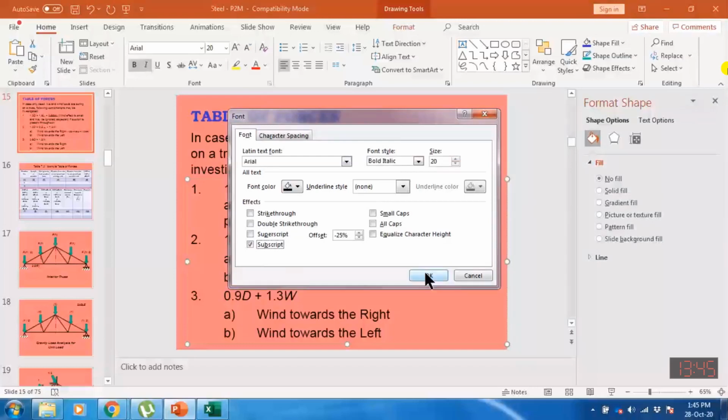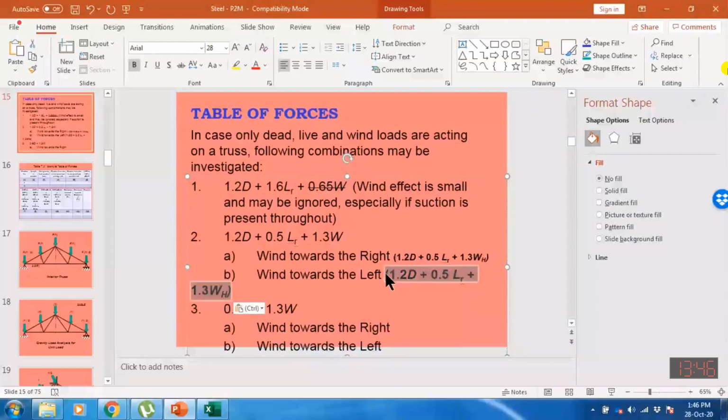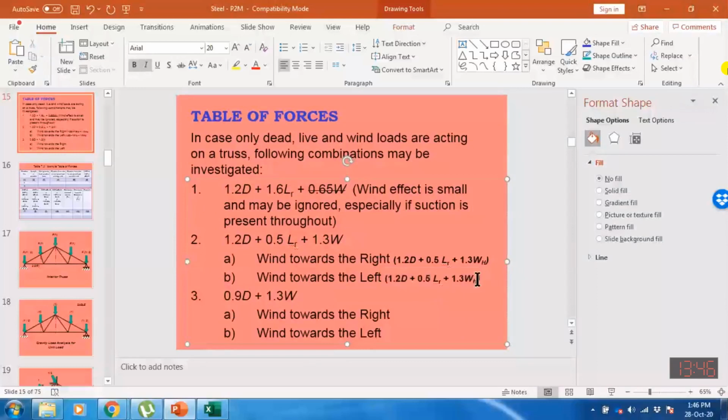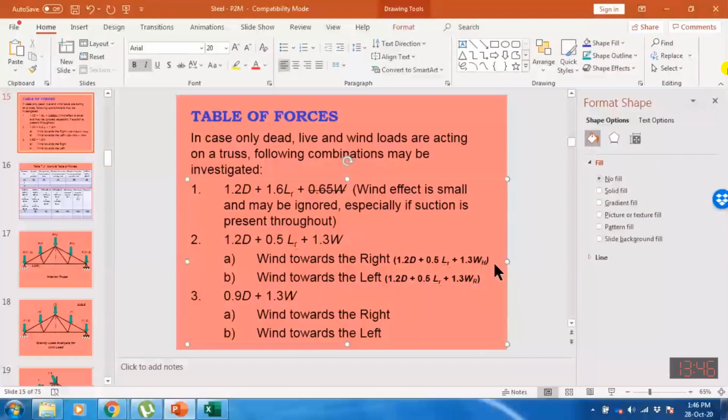In the second case, here I have to use this R. R means wind is blowing from the roller side. Actually, load combination number two is further split into two load combinations.